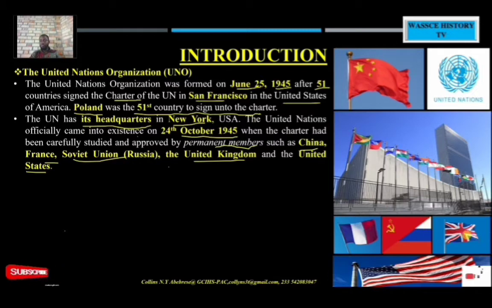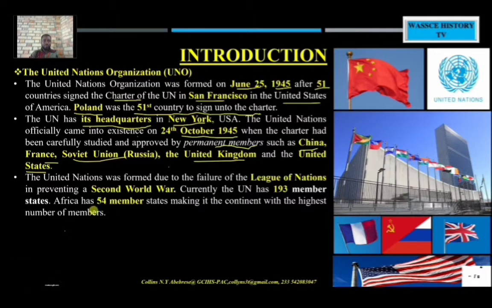These countries are termed permanent members because of the influence that they wielded after World War II. So basically we look at who the permanent members were and why they were referred to as the permanent members.